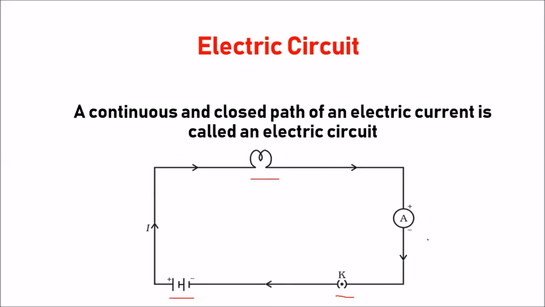This A represents ammeter. So for what this ammeter is used, that we will learn after some time. This is a simple electric circuit and it is closed. In last lecture we have learnt about open circuit and closed circuit. This is an example for closed circuit. In a closed circuit, electric current is passed.